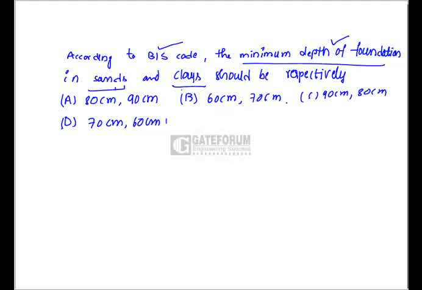So options C and D can be ruled out from these four options. In this, as per BIS code, 80 centimeters and 90 centimeters are the minimum depths of foundation for sands and clays. So option A is correct.